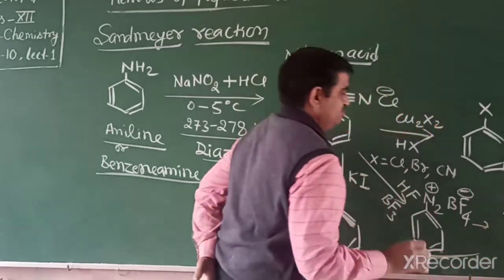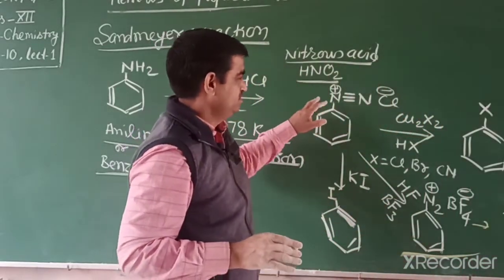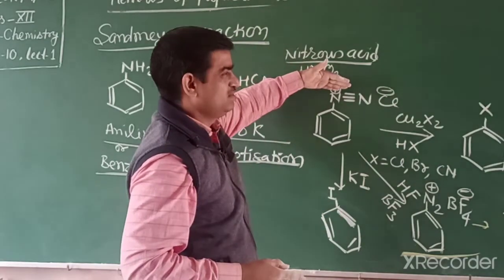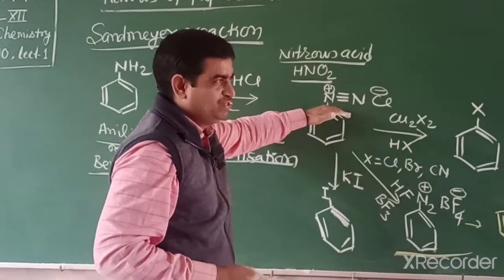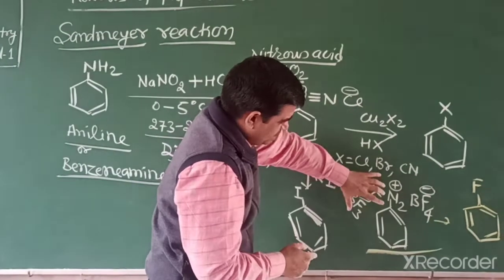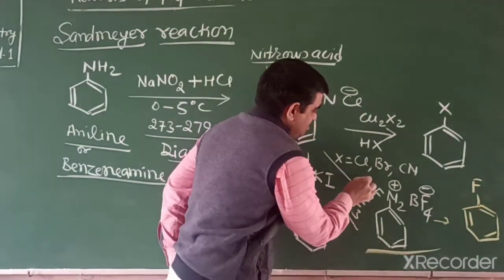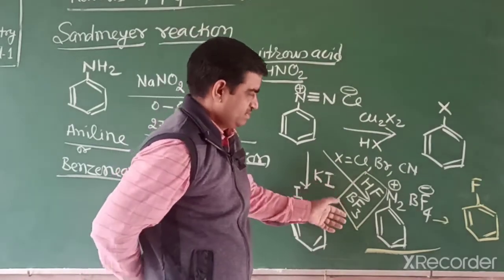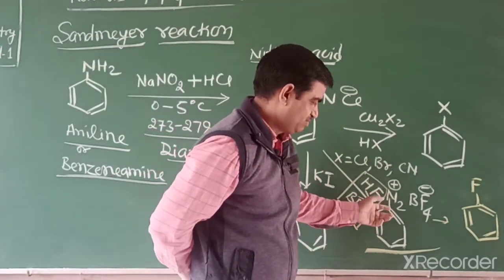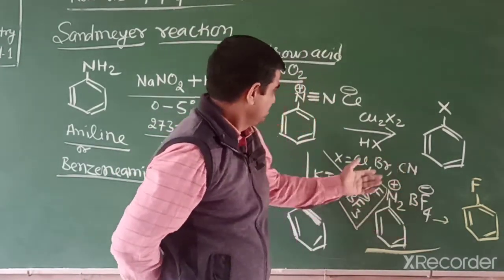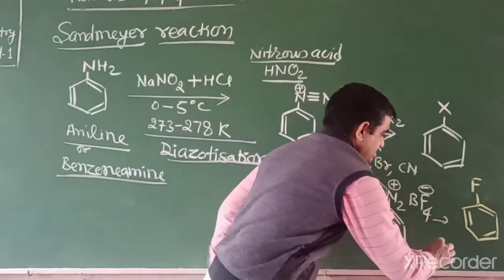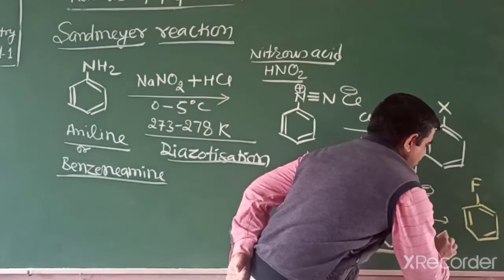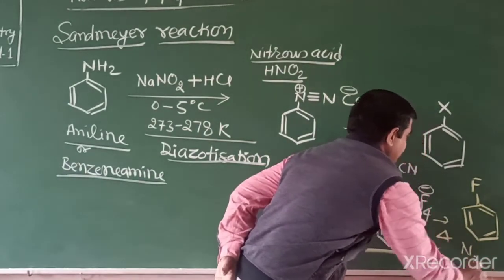So for preparation of fluorobenzene, we need only this reaction. First we have to prepare benzene diazonium salt, further react with HF and boron trifluoride, a mixture, then we get benzene diazonium fluoroborate, that is a salt, and on further heating nitrogen gas is released and we get fluorobenzene.